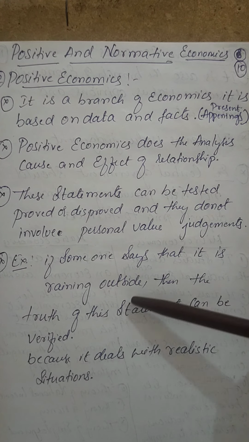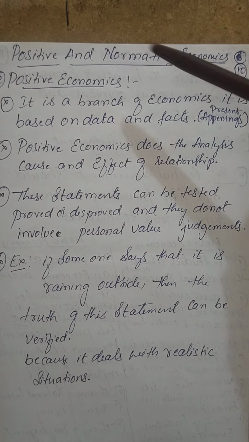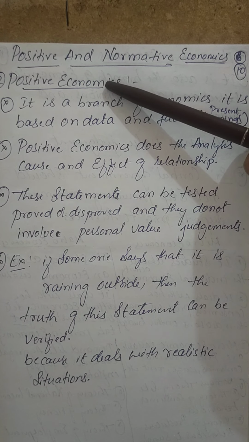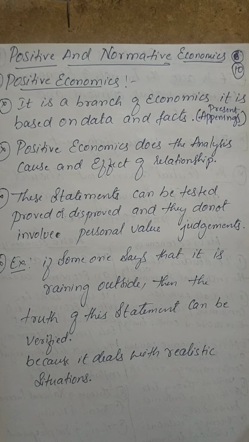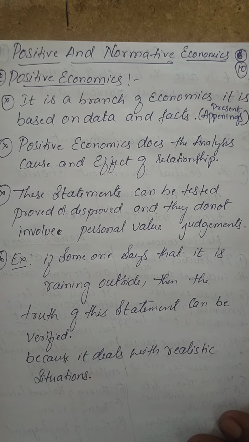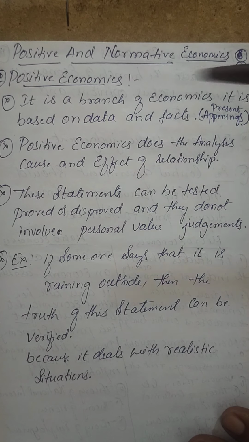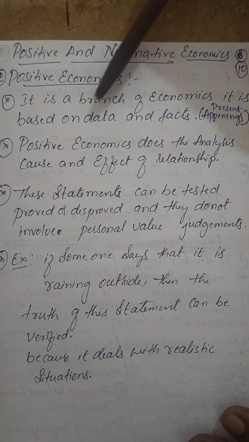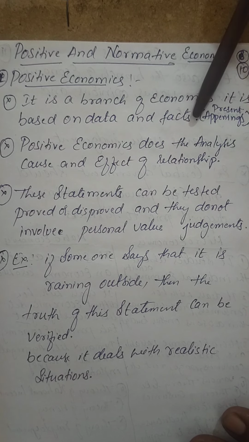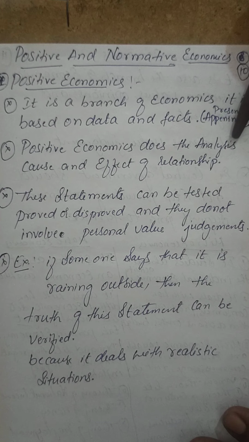Because it's raining already. Based on those facts we are deciding, and we call it positive economics. Keep it in mind. Based on the facts we are going to decide on the data which has been seen and given the statements for that.